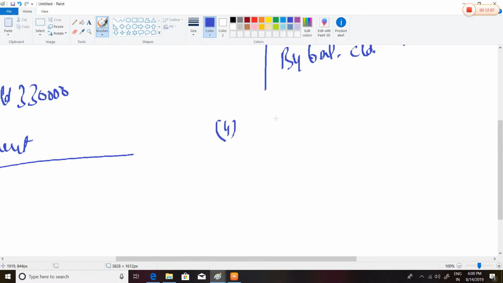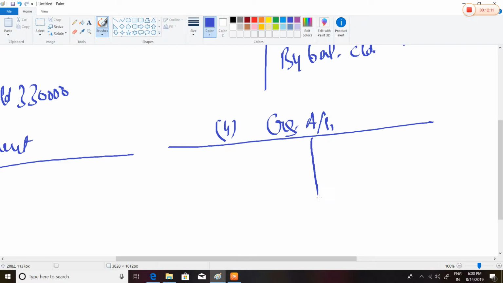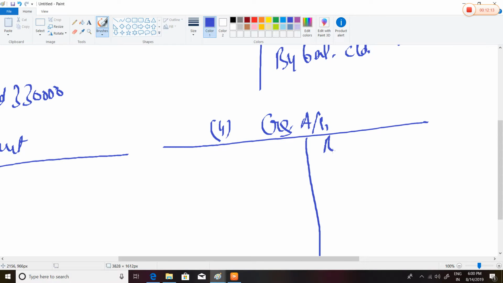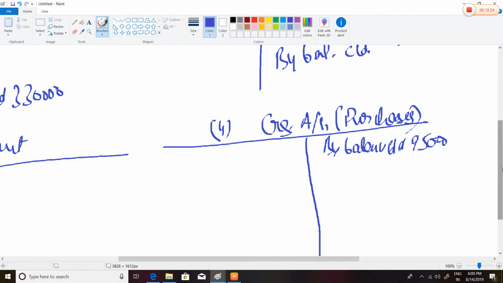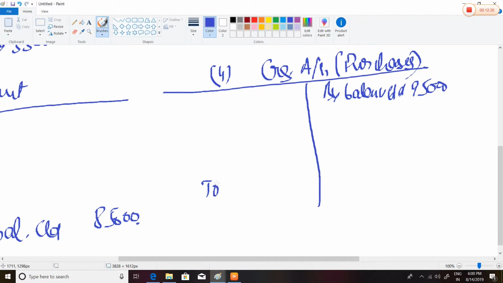Fourth working note of creditors. By balance brought down 95,000. This is for purchases. Okay, creditors for purchases. To balance carried down, we have to compute this.